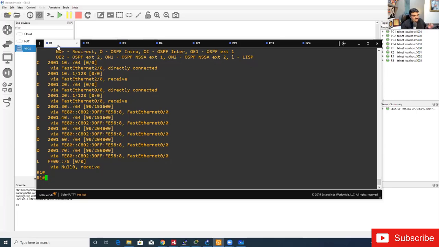So what it means is, you do not require advertising a network when you are configuring EIGRP name mode with IP version 6. Keep this in mind. With IP version 4 you have to advertise, but in IP version 6 it is not required.